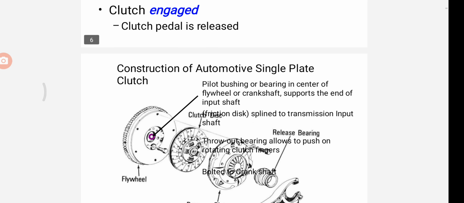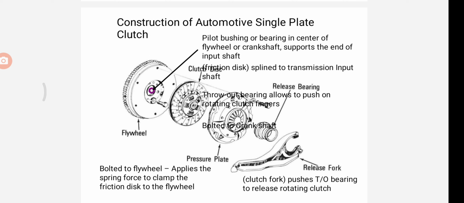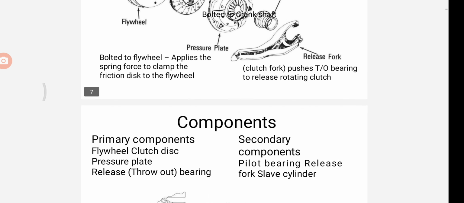This is the construction of the automotive single plate clutch. Here we can see the release fork, pressure plate, flywheel, clutch shaft and release bearing. These are some of the parts of the automotive single plate clutch.